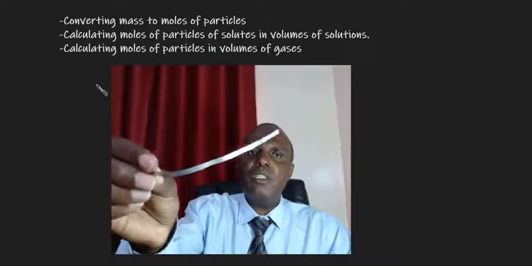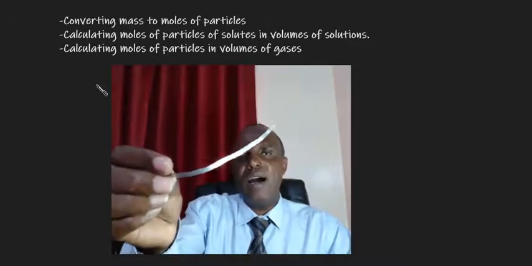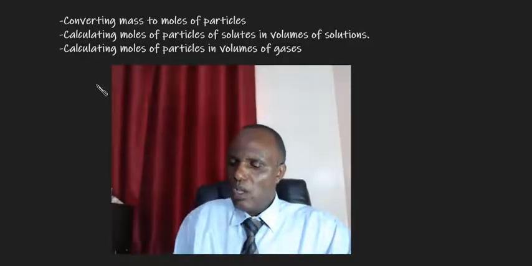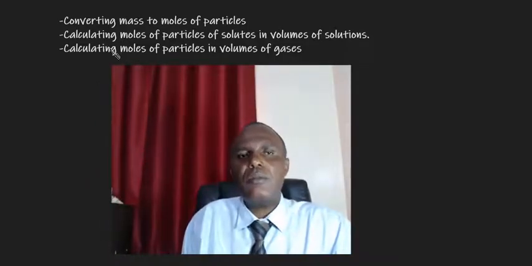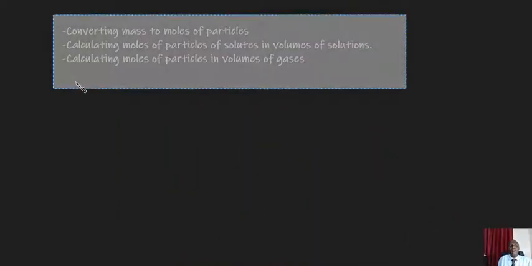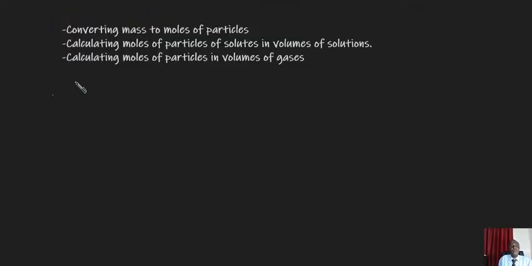To do that, we convert masses of substances to moles by dividing the mass we have by the relative formula mass. So, moles we get by the mass we want to convert divided by RFM. RFM is the relative formula mass.